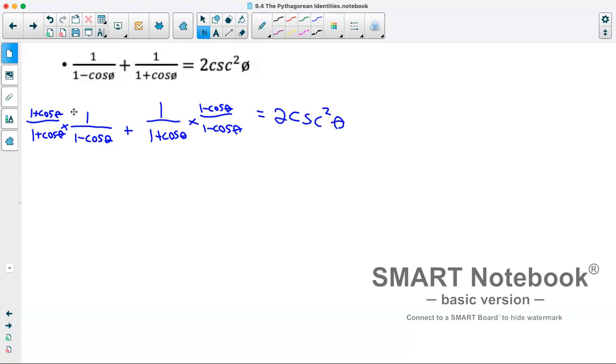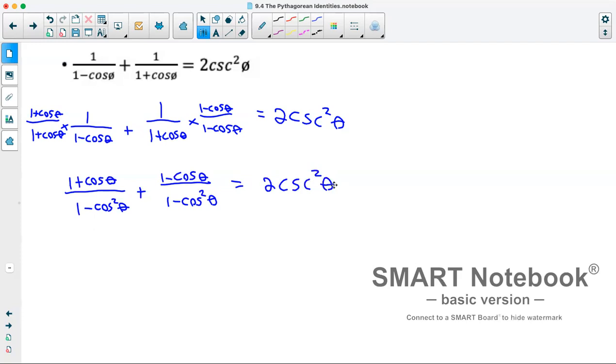Okay, so expanding this out, 1 times anything is itself. So you've got 1 plus cos theta over, expanding our denominator, 1 minus cos squared theta, plus 1 minus cos theta over 1 minus cos squared theta equals 2 cosecant squared theta.